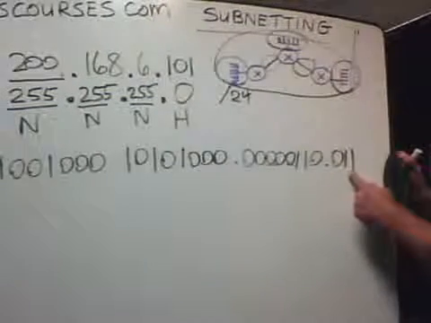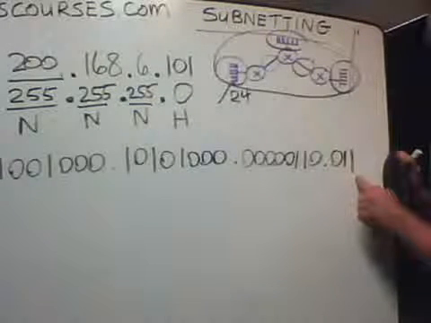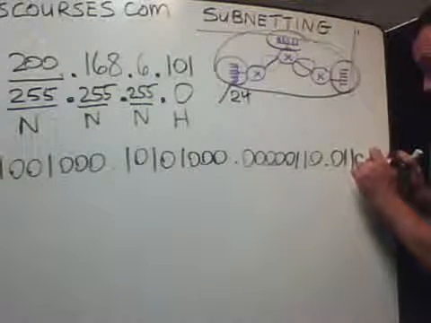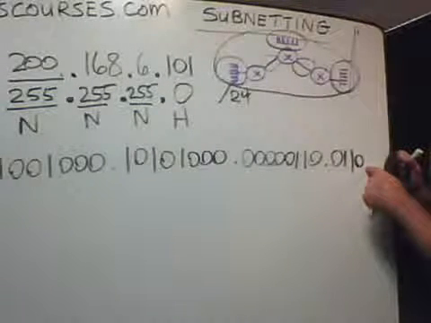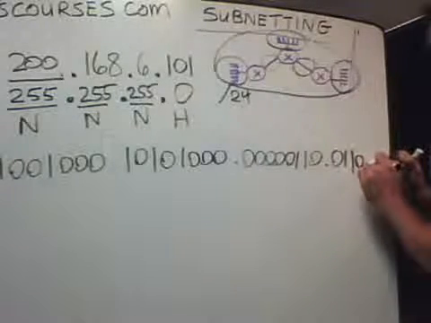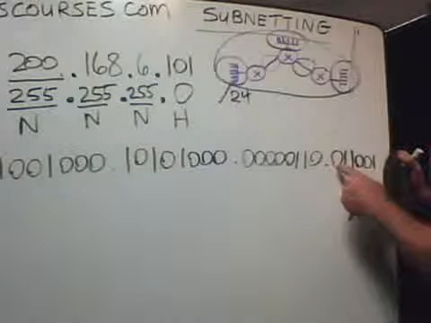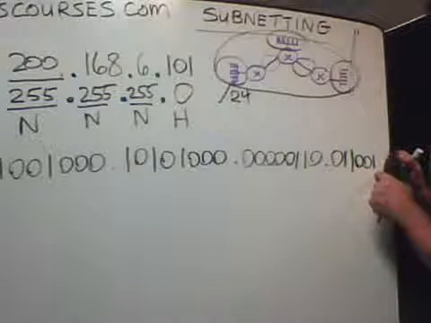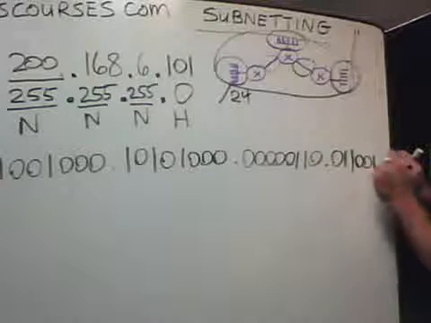So 0, 1, 1. 64 plus 32 is 96. Right? 0 here for the 16. And if we add 8 plus 96, that's 104. That's too much. Right? 4. So that's a 4-bit. So 96 plus 4 is 100.